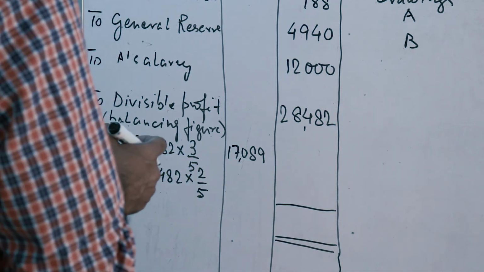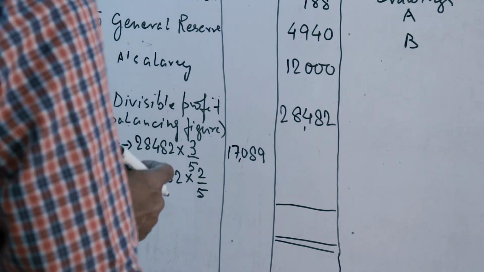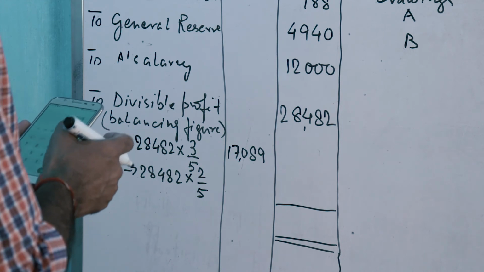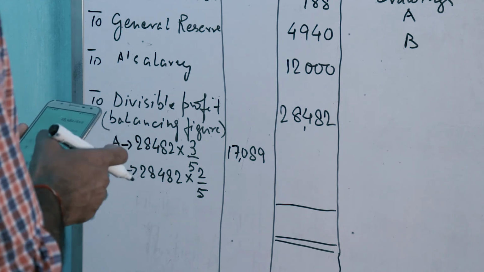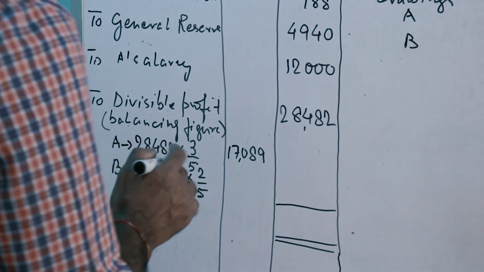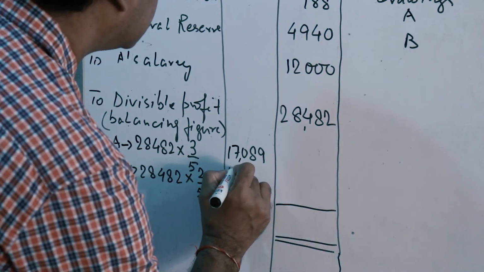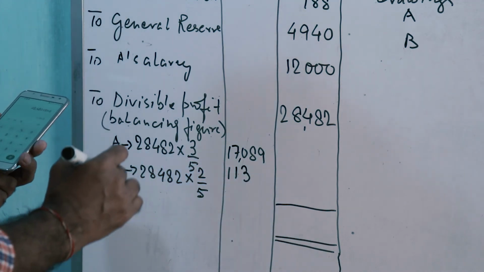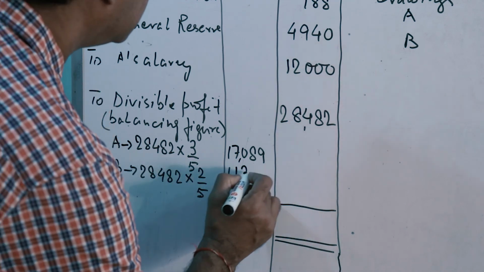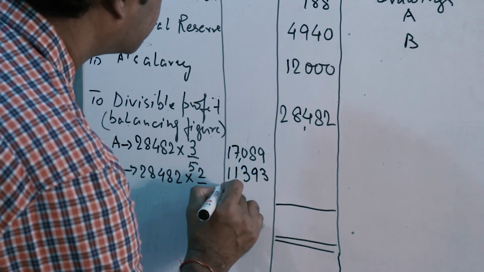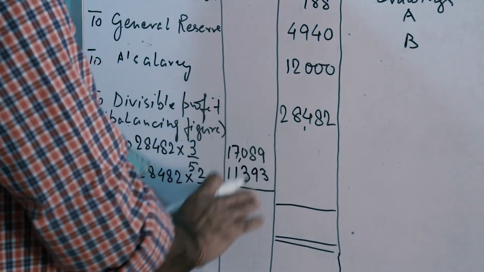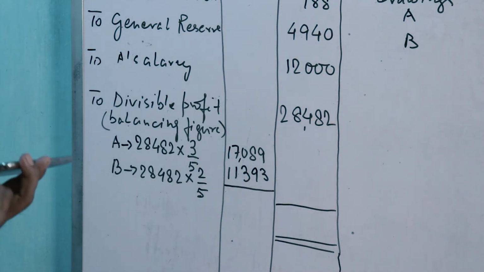And how much we will get? Let me calculate. Into 2, 11392.8. So I will make it 11393. Right. So this is the share of profit of A and B.